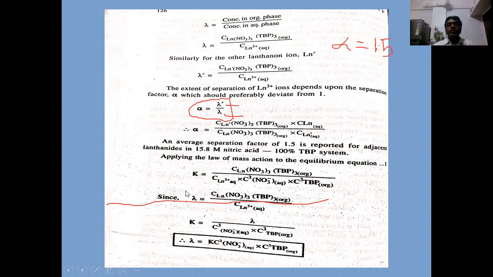Now, in this equation, the concentration of the lanthanum complex divided by the concentration of the lanthanum ion is nothing but the distribution coefficient lambda.